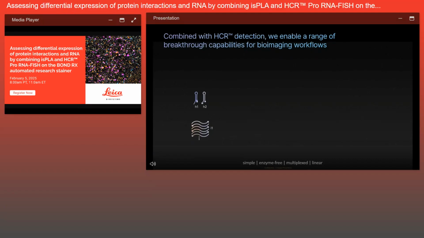And when the probe hybridization step is complete on your Leica Bond, the next step is to flow in these H1 and H2 amplifiers. So this is really where the HCR system comes into play. These hairpins are engineered oligos, and in this dormant state, they don't interact with each other, they don't interact with the sample.